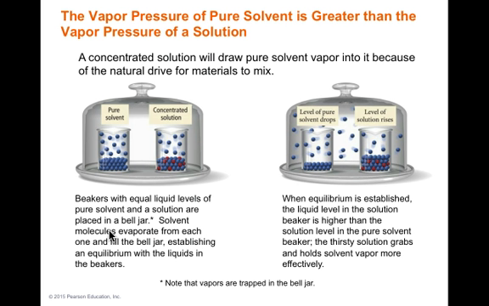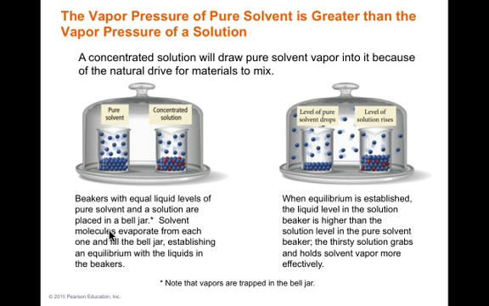On the right, where equilibrium has been established, the liquid level of the solution is higher than it was initially. The vapor pressure from the solution is low. However, the liquid level of the pure solvent is lower than it was initially. The vapor pressure from the pure solvent is relatively higher than the vapor pressure from the solution.